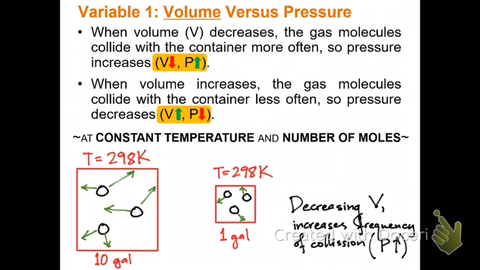Make sure you remember that. If we decrease the volume, pressure increases due to an increase in the frequency of collision. That's the relationship between volume and pressure. When volume decreases, pressure increases, and vice versa. If you increase volume, pressure decreases. In other words, they are inversely proportional to each other.